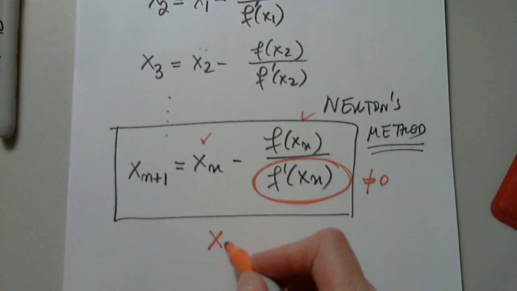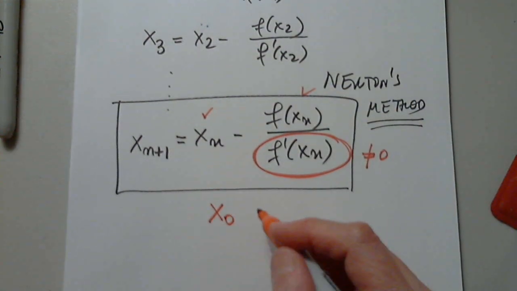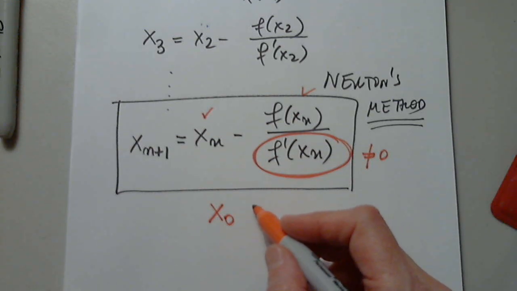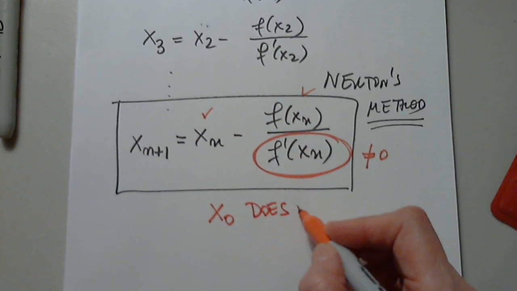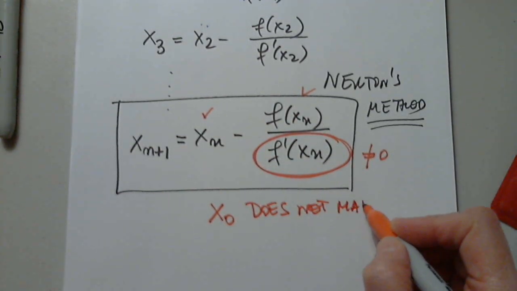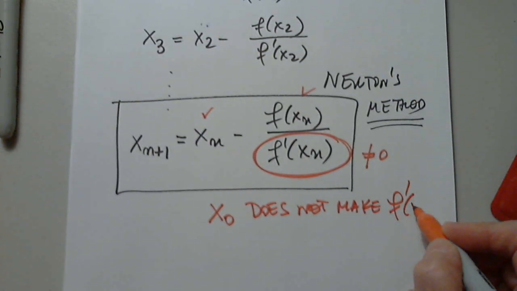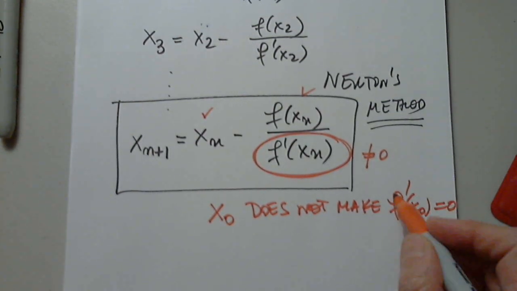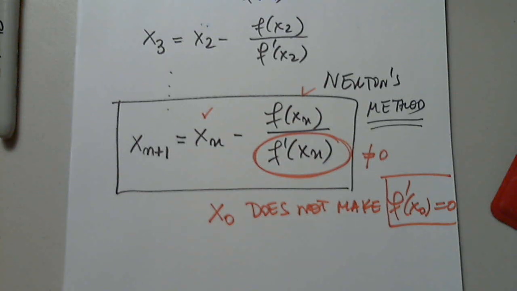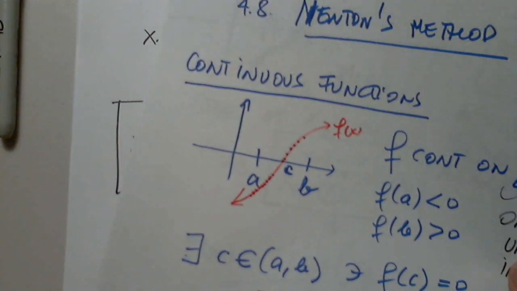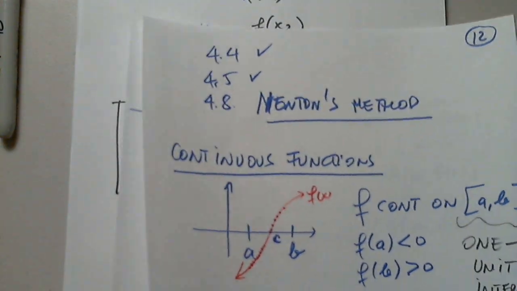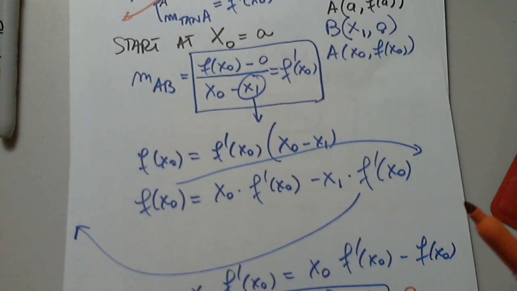So x sub 0, make sure, does not make f prime of x sub 0 zero, because if it does, the method we say will never converge. It's undefined.